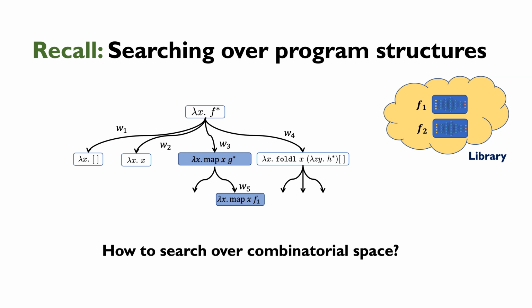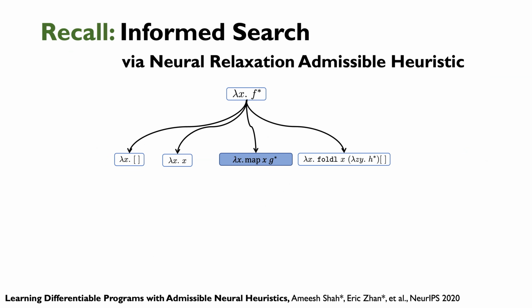In general, you can think of the logical or symbolic structure of the programs as forming this space of possible architectures, which in general is discrete and, most importantly, combinatorial, and we need to figure out a way to search over this combinatorial space when synthesizing programs.